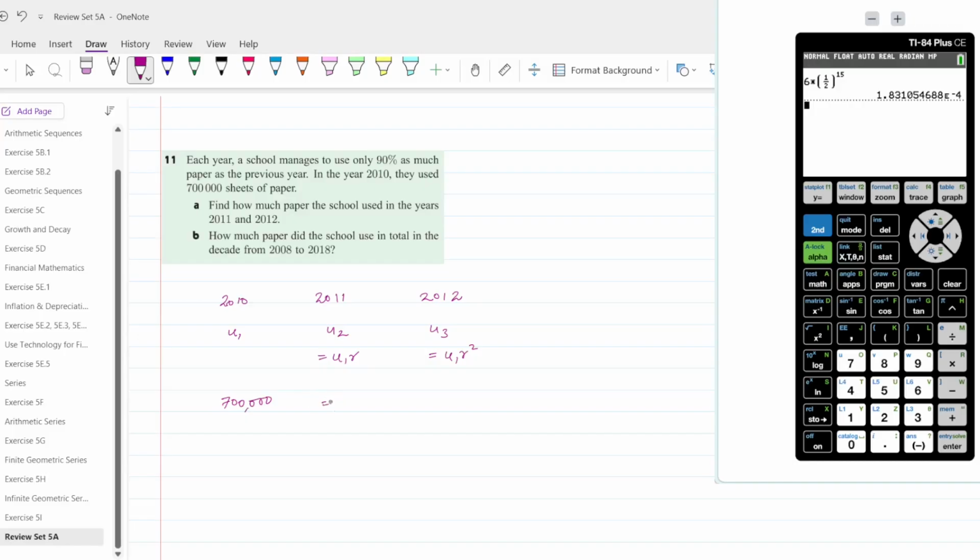So U1R is going to be 700,000 times 0.9, since the value of R is 0.9. And in 2012, this is going to be 700,000 times 0.9 squared. So whatever this value is and this value, they both are going to be the answer for 2011 and 2012.